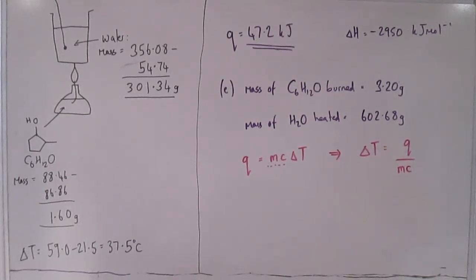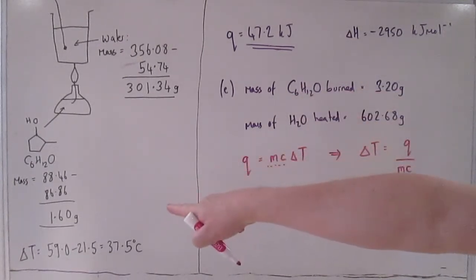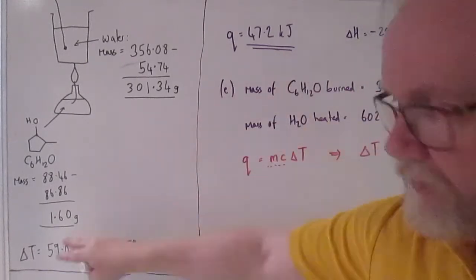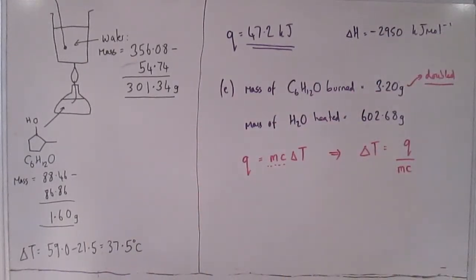So how is that going to change? Well, as we said, the mass of the alcohol burned is twice the original amount, because 2 times 1.6. So that has been doubled compared to the original amount. And if that wasn't obvious to you, then just do it on your calculator. Just divide that number by that number and get the factor that you've changed it by.